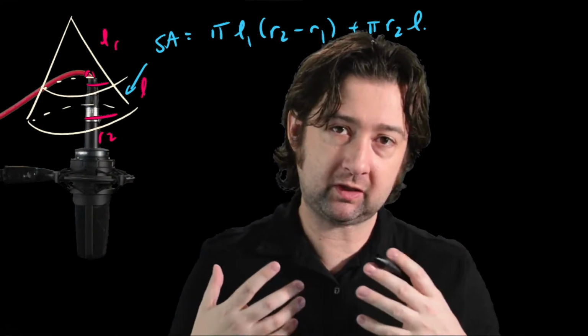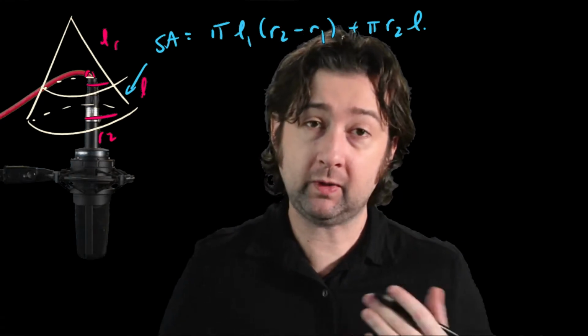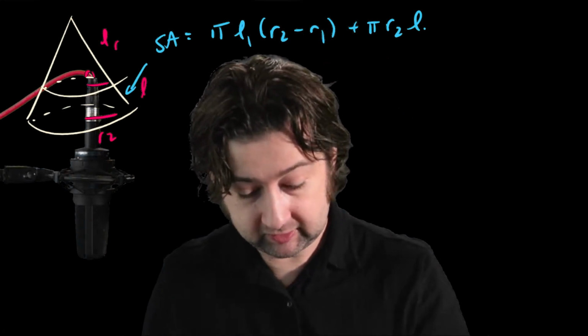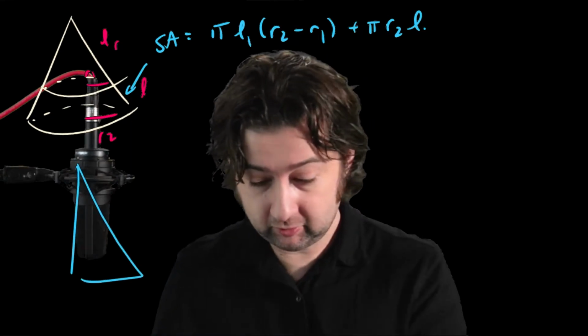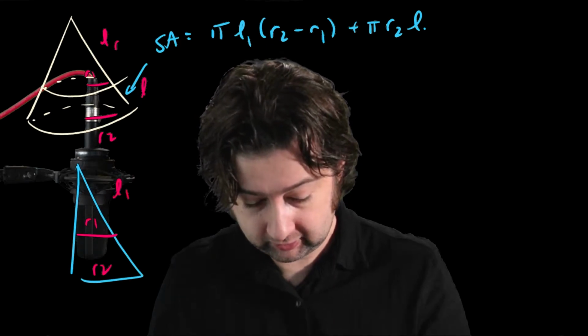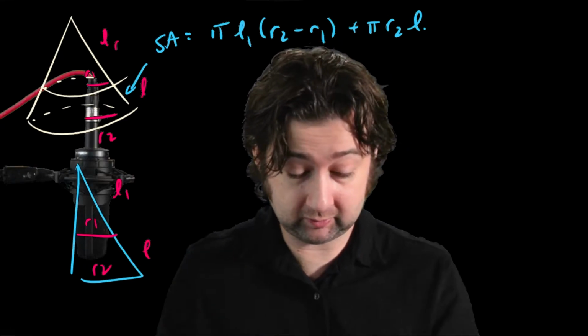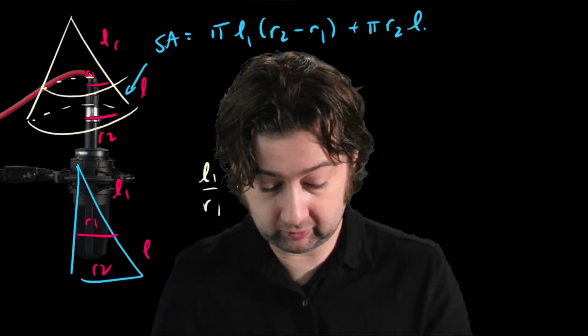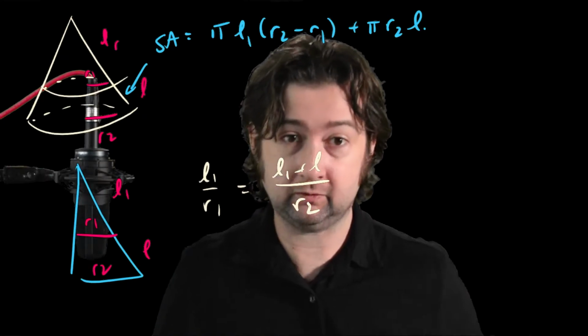So now what I want to do is come up with some way of reducing the number of variables inside this. And the way that you can do that is you can notice that in the middle of the frustum and its related cone, you have this set of similar triangles, R1, R2, L1, and L, and you can build a set of proportions using similar triangles that look like L1 over R1 is equal to L1 plus L over R2.